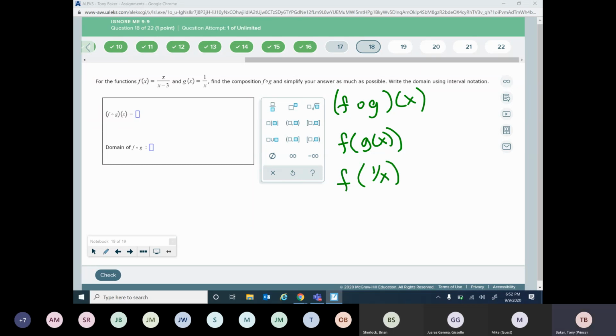So wherever I see an x in f of x, I'm going to put the 1 over x. So that means I'm going to have 1 over x divided by, and now it's randomly changing colors on me, 1 over x minus 3.